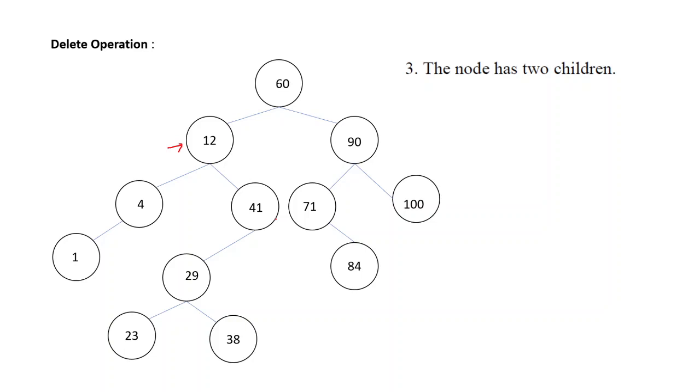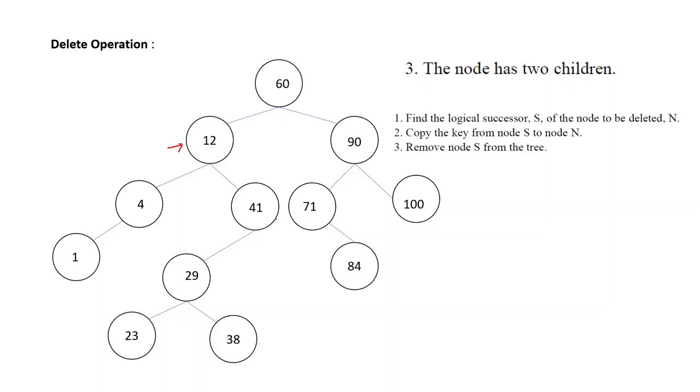So there is a special way of dealing with this kind of problem. It says: find the logical successor S of the node N to be deleted, copy the key from node S to node N, and remove node S from the tree. Now what does it all mean? The logical successor means the node that contains the immediate higher value than this node.